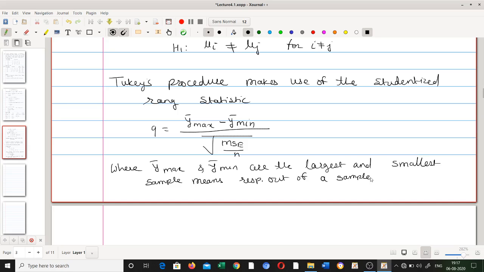Suppose we have a treatments or a groups. Out of that, y bar max means the largest sample mean, y bar min means the smallest sample mean.